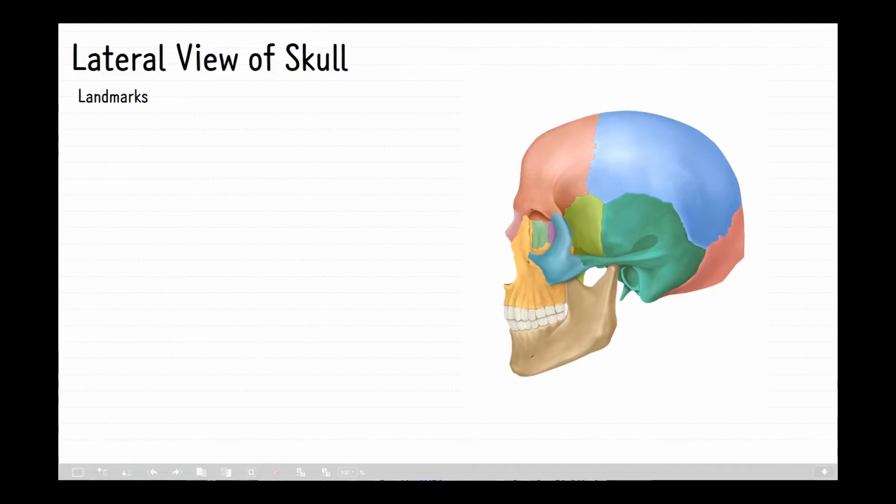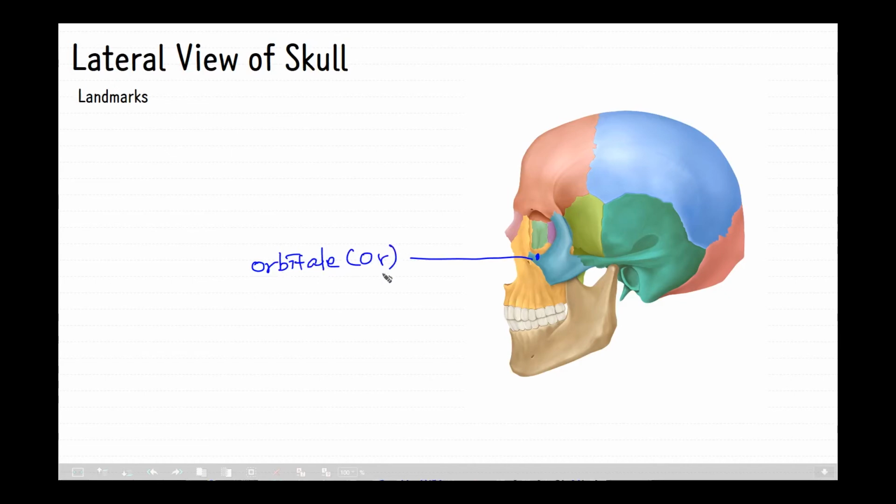only the important ones. First one is the orbitale. Here, the lowermost point in the lower margin of the bony orbit. It may be palpated under the skin by our hand. The abbreviated form is OR.